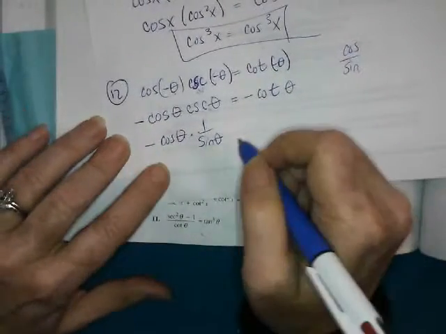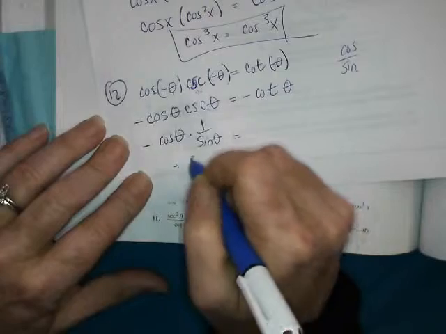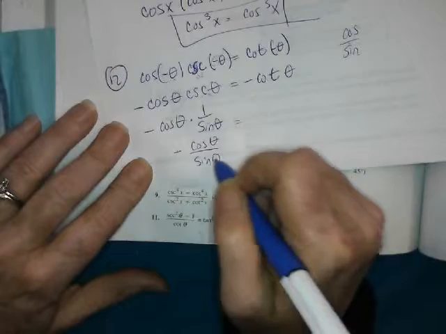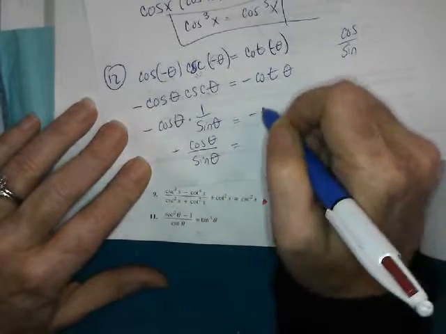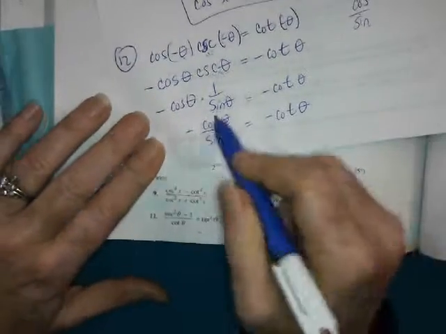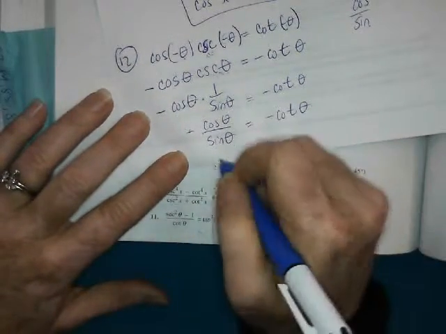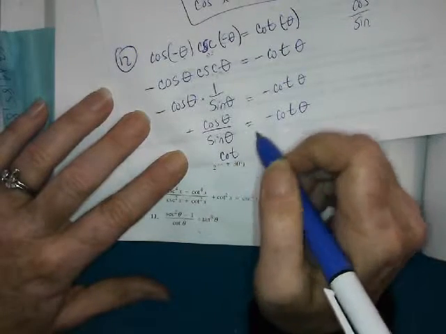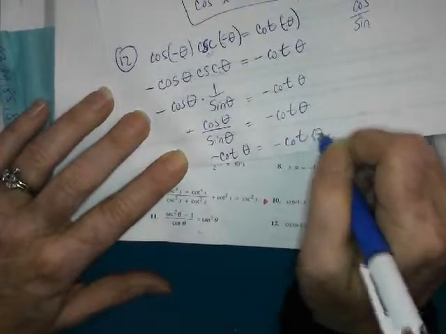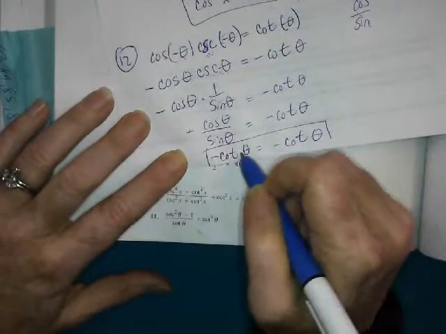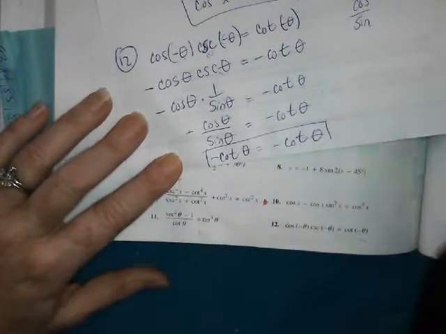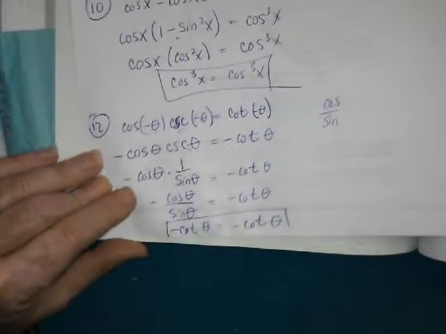And then I can rewrite this whole thing as cosine theta over sine theta, and that's equal to, well, we know cosine over sine is cotangent, so we can just say cotangent theta equals negative cotangent theta. So there's that. Maybe we could put it back in. Since it's an odd function, we could put the negative sign back in if we want. I think that's okay. That was number 12.